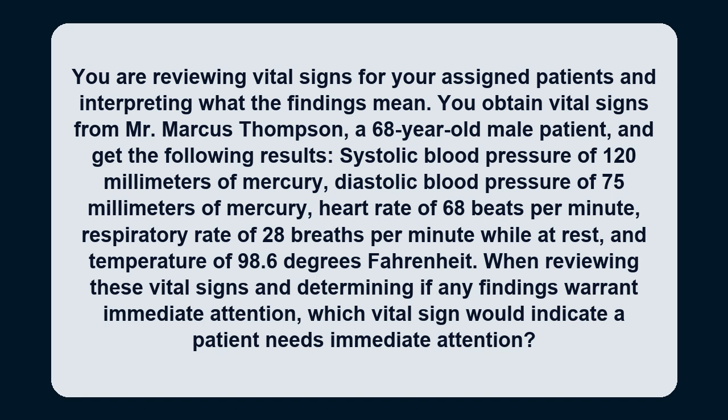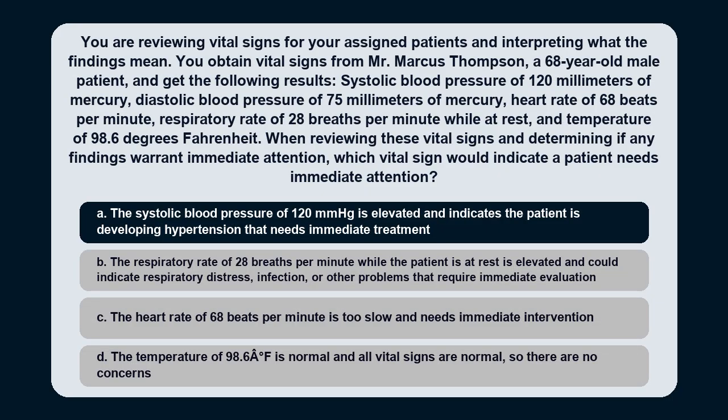When reviewing these vital signs and determining if any findings warrant immediate attention, which vital sign would indicate a patient needs immediate attention? Option A. The systolic blood pressure of 120 millimeters of mercury is elevated and indicates the patient is developing hypertension that needs immediate treatment.